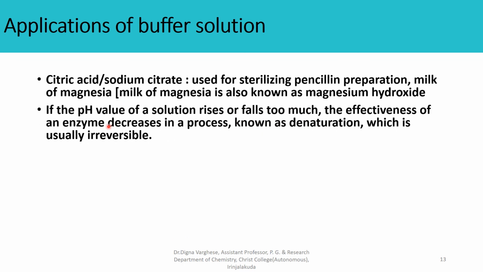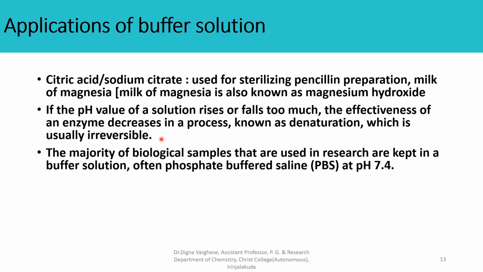If the pH value of a solution rises or falls too much, the effectiveness of the enzyme decreases in a process known as denaturation, which is usually irreversible. The majority of biological samples that are used in research are kept in buffer solution, often phosphate buffered saline solution (PBS), at pH 7.4.